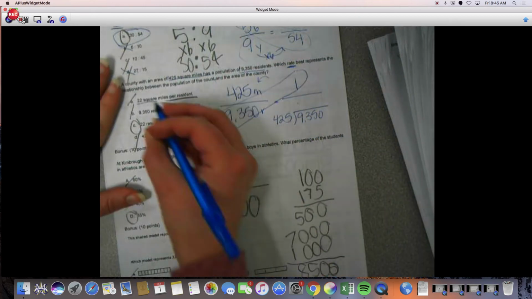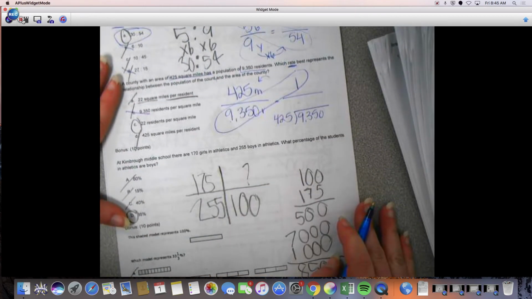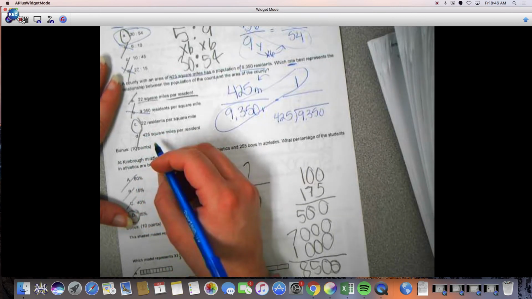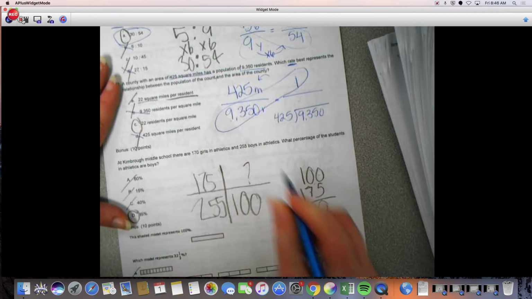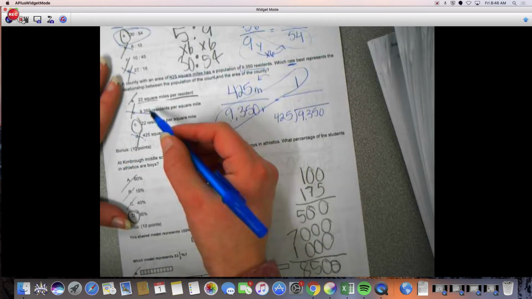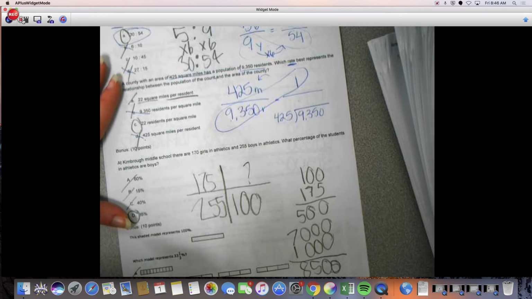No. That should have been the first one you crossed out. And same thing with D. 425 is way too big of a number for me to get as my answer when I divide. They just gave you the numbers in your answer choices. They're trying to trick you. Those should have been the first 2 you crossed out.